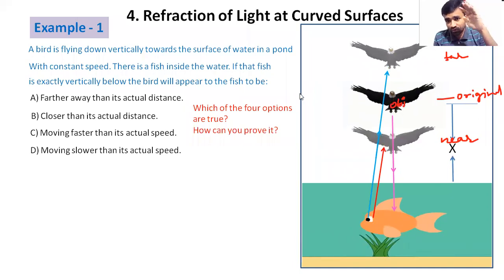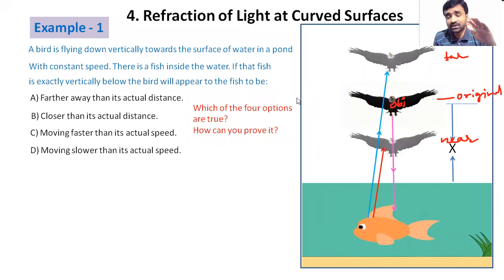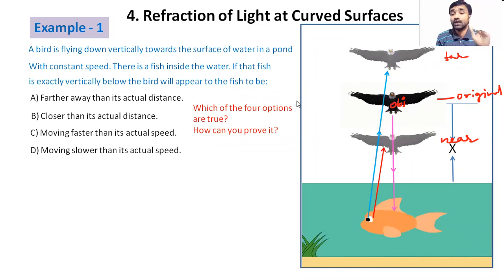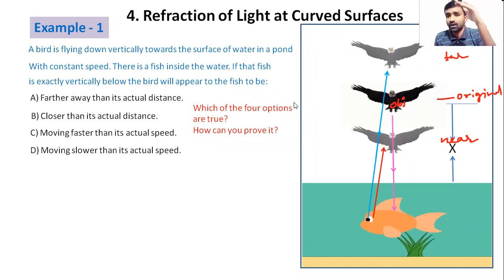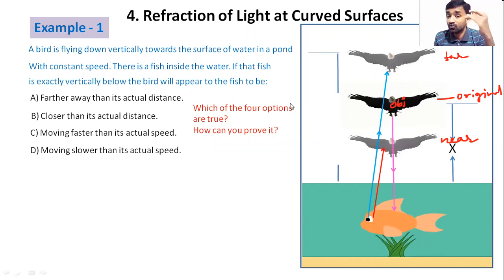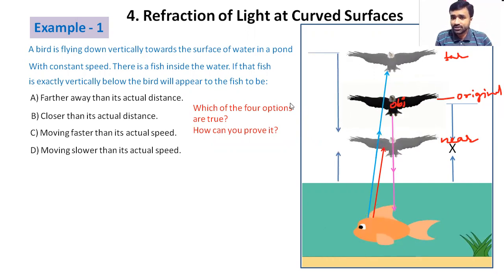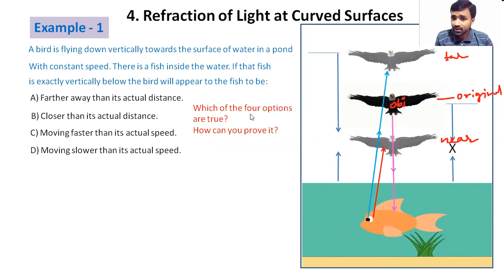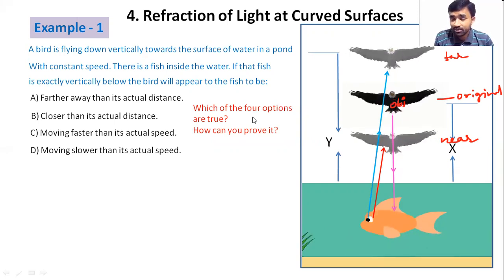If the original is acting like the image, then the image distance will be the same as the object distance. If it is far, I'm taking that distance as some unknown value y. Here, y is the image distance.